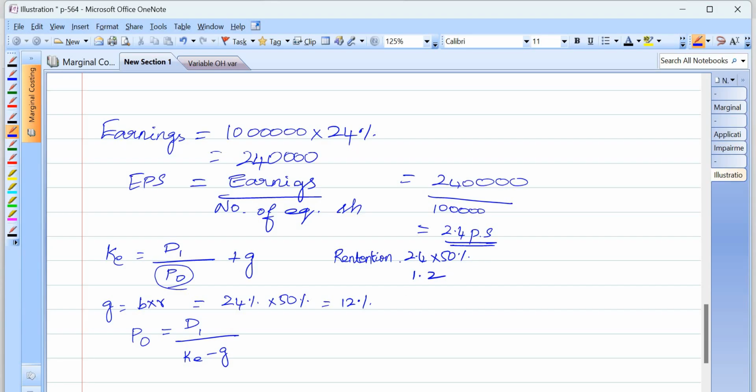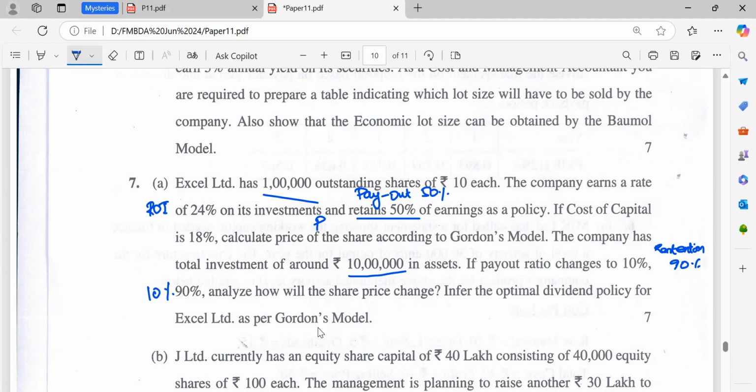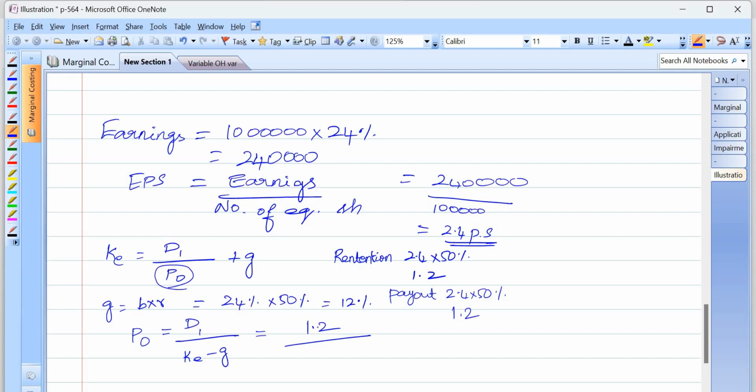In this case, 50% is retention, and payout is also 50 percentage. That is 2.4 into 50 percentage, so 1.2. So dividend is 1.2. KE, that is cost of capital, is 18 percentage. So 18 percentage minus 12 percentage. So 1.2 divided by 6 percentage.